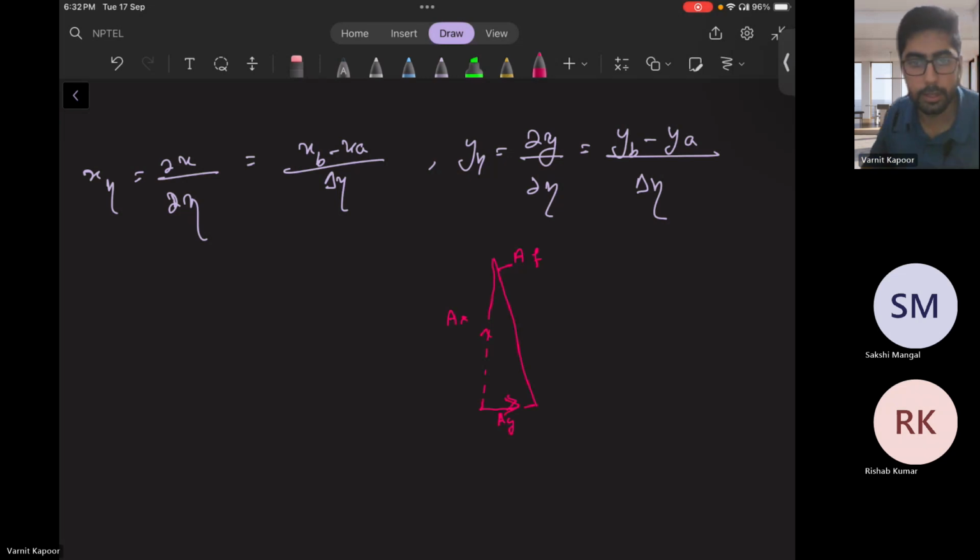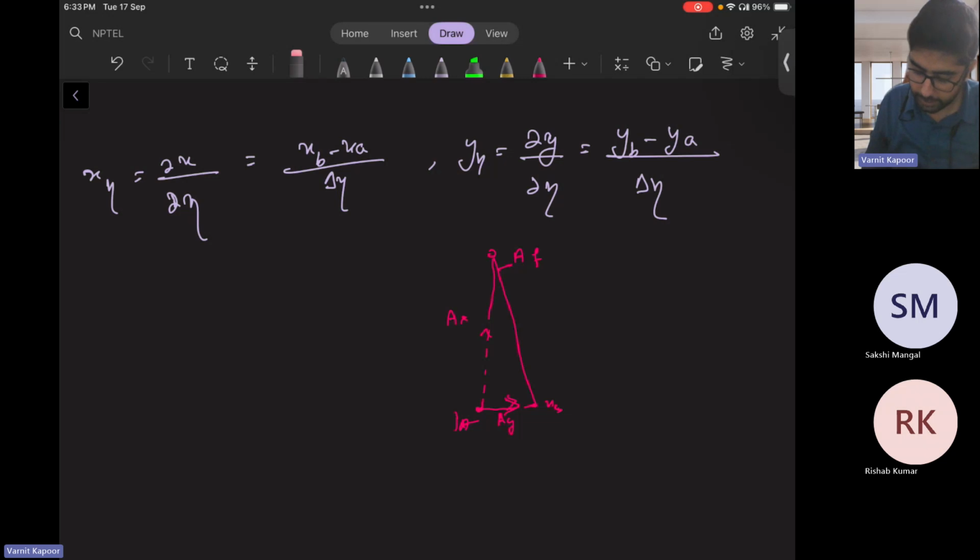This is the projection of the face area vector onto the Y axis and X axis. So how can we write AX and AY? AX can be written as YB minus YA, and AY can be written as XA minus XB.